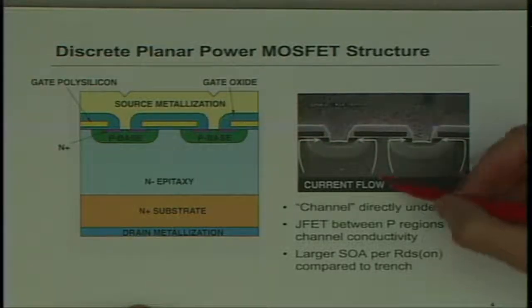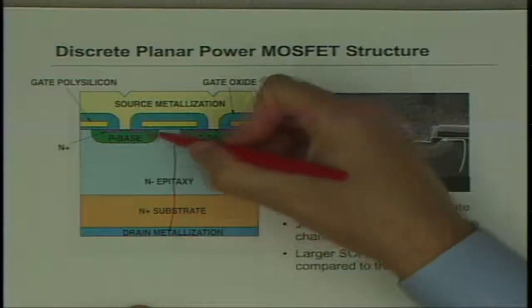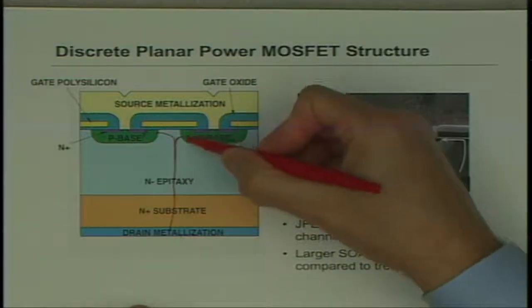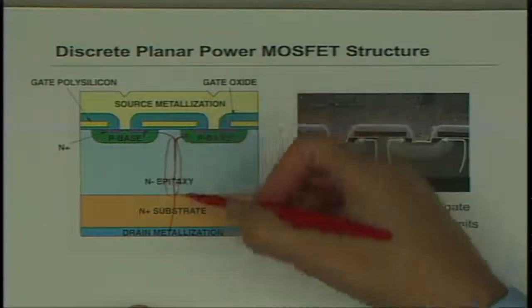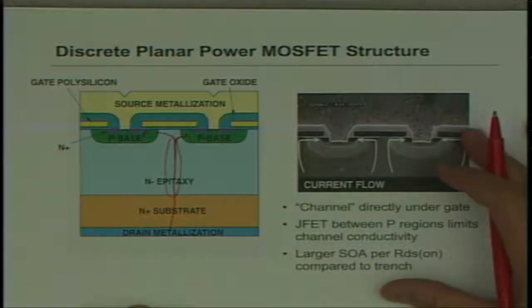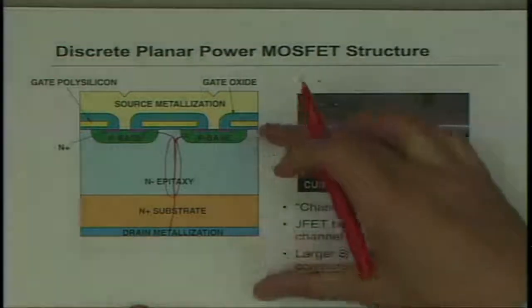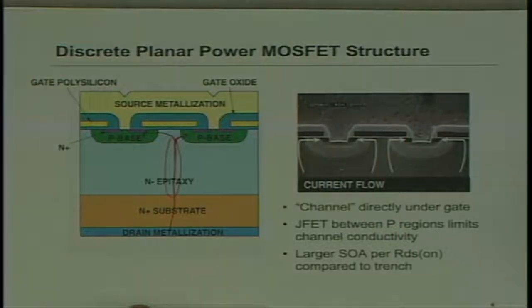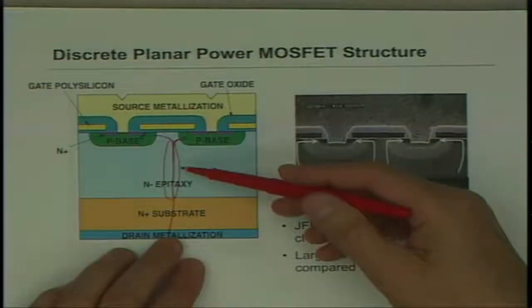So the current flows from the drain down here up to the source regions this way, and you get this region called the drift region here that kind of limits the lowest RDS(on) you can get. So the thicker the silicon, the more resistivity you have, and so as you try to go higher and higher in voltage, this becomes a limiting factor.